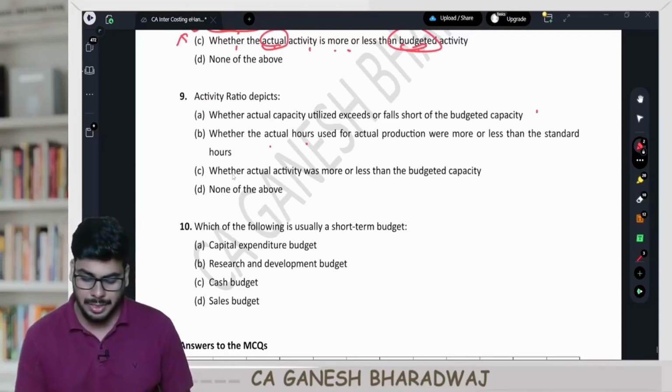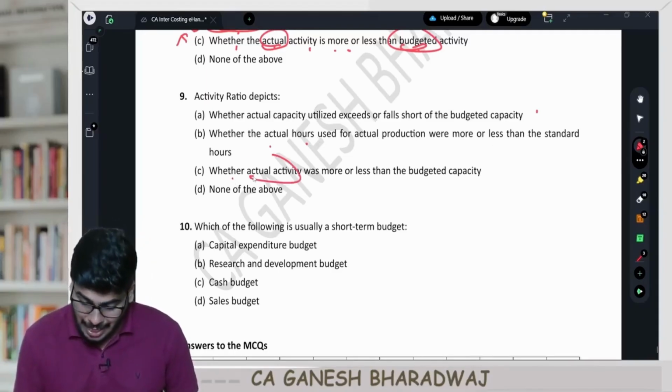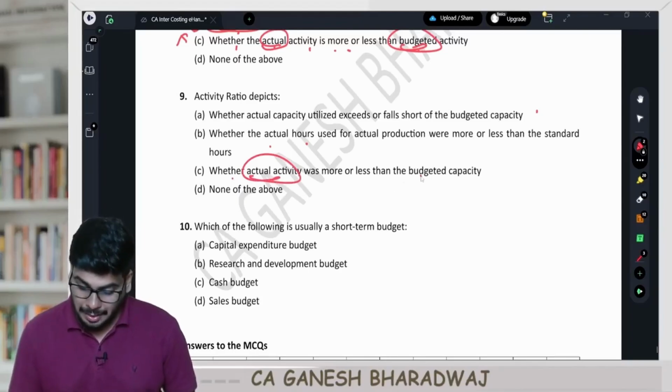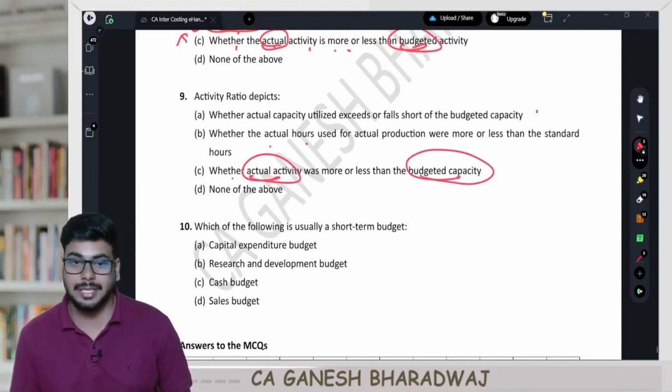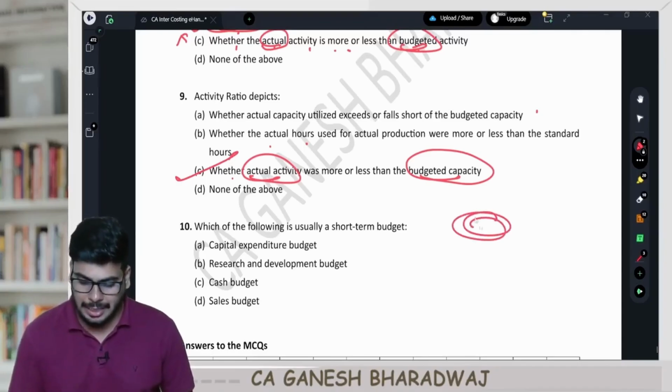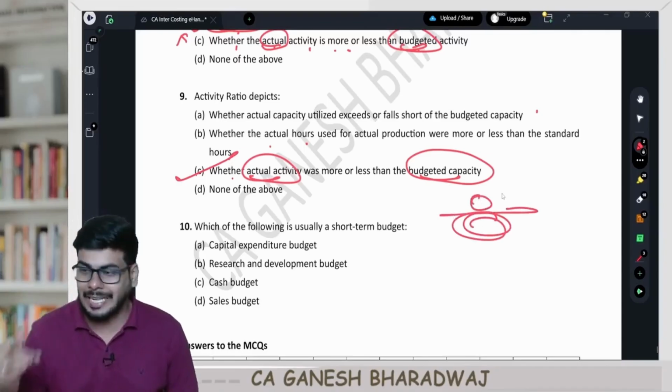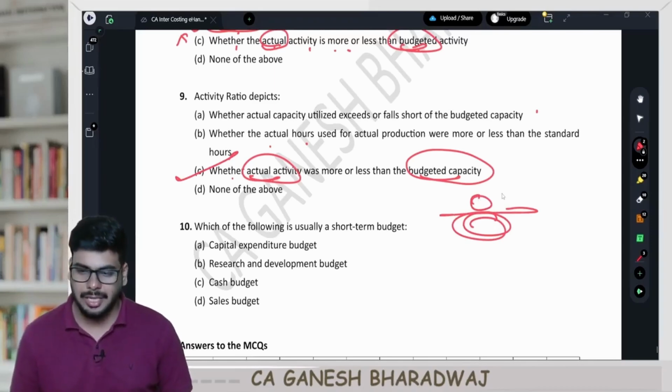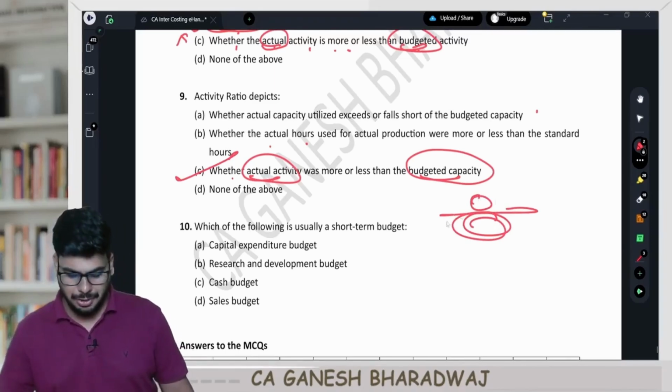No, this is also not what it says. Whether the actual activity was more or less than the budgeted capacity. Yes, this is something that it says. Activity ratio, I budgeted so much activity. How much is your actuals? So I want to know what is your activity level. Are you clear with this, guys? Yes, we saw this, no, in budget ratio concept.